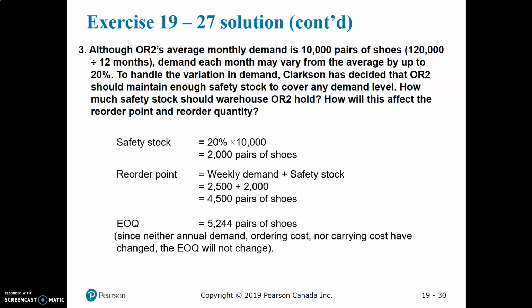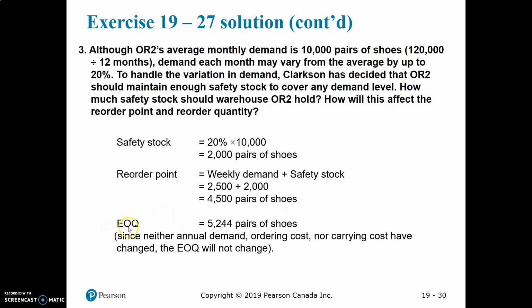So for reorder point, we have to take weekly demand plus the safety stock, which is equal to 2,500 pairs of shoes that we calculated in question number 2, plus the 2,000 pairs of shoes for safety stock. So our reorder point now is sitting at 4,500 pairs of shoes.